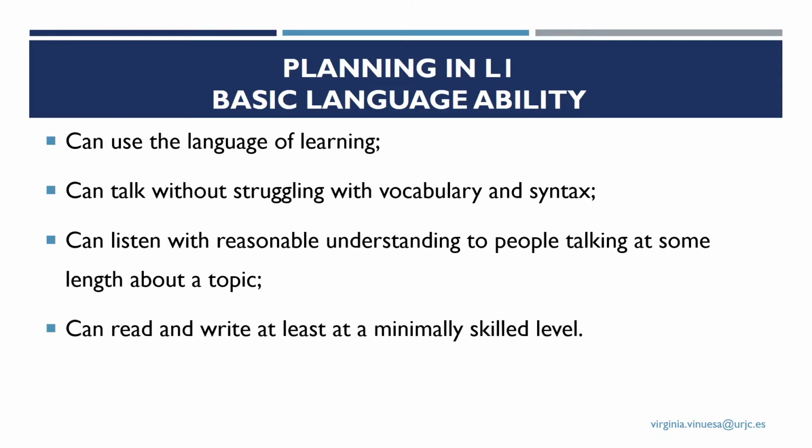They can read and write at least at a minimally skilled level. Of course, I'm just paying attention to very low levels, primary student levels. It is not the same a first grade student than a sixth grade student. But if we think about that, they can manage with a language.